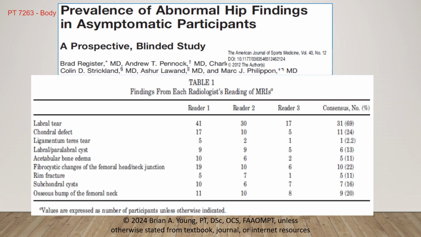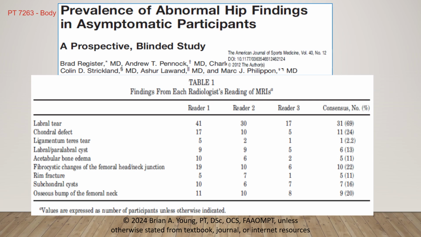And again, these are individuals that are asymptomatic. For labral tears, there was a 69% consensus. For chondral defects, 24% consensus. Look down here for subchondral cysts, 16%. Fibrocystic changes of the femoral head and neck, 22%.